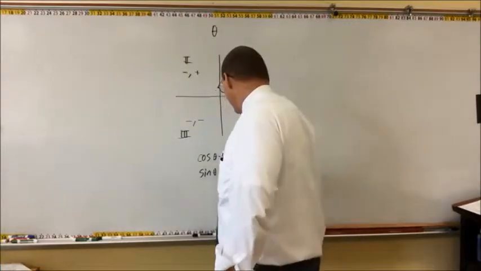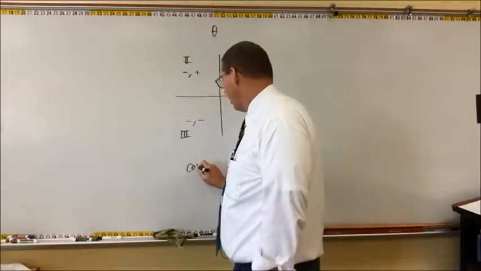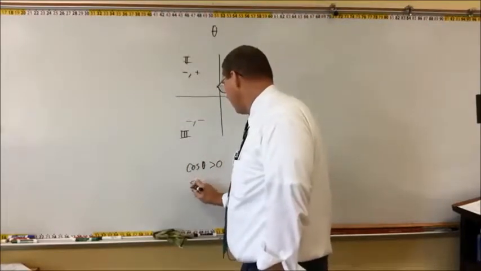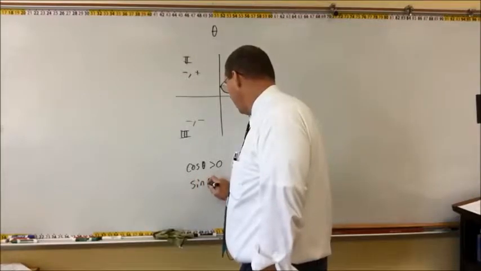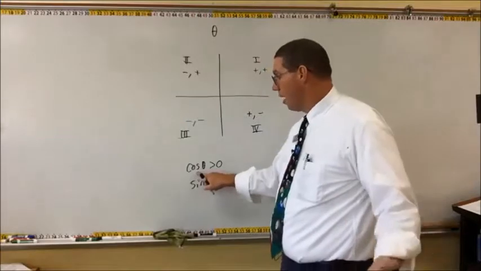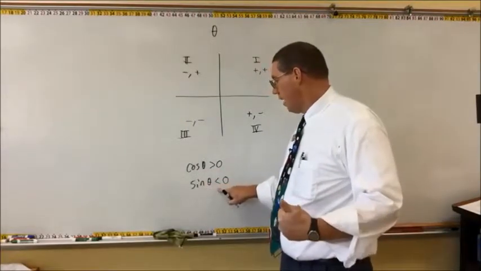For example, if we are told that cosine of theta is greater than 0 and that sine of theta is less than 0, well, this just means that cosine is positive, and sine is negative.